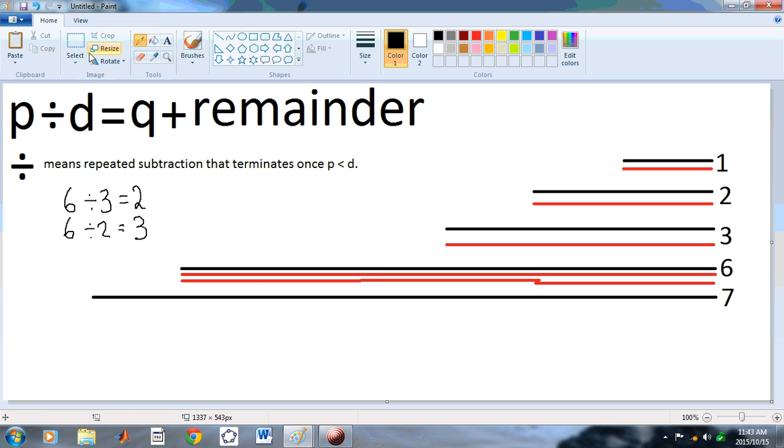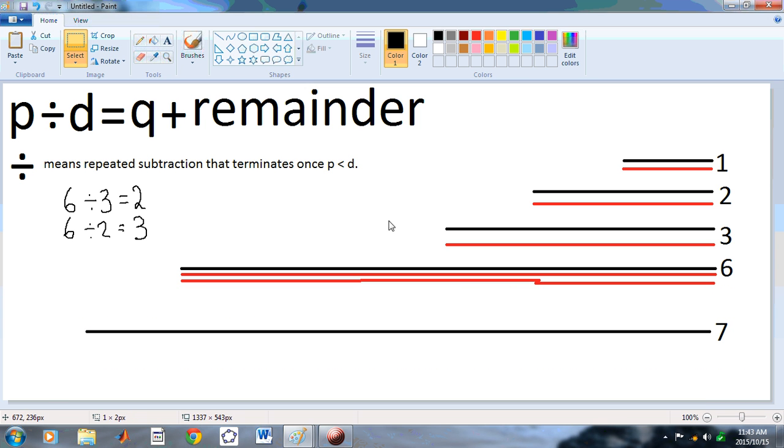Alright, now how about if I had to say something like this? So let's move this down here. Let's say 7 divided by 2. What does that mean? Well, that means we take once again the unit or 2. Let's take 2 because we'll be able to measure it faster. Copy, paste.